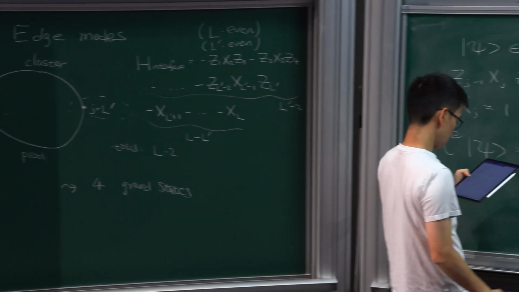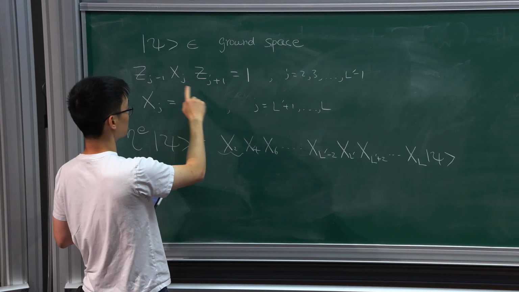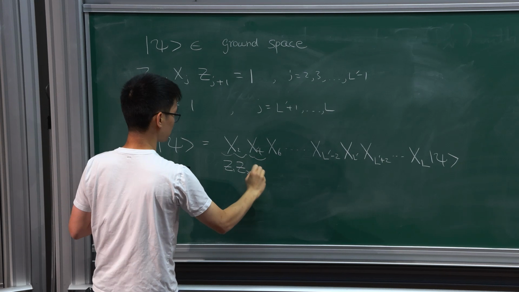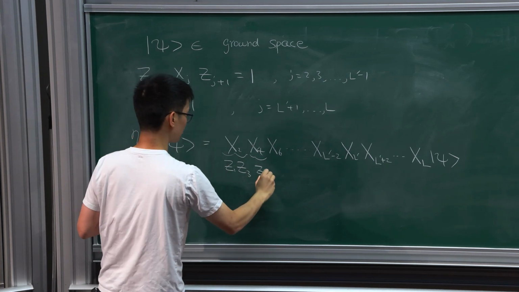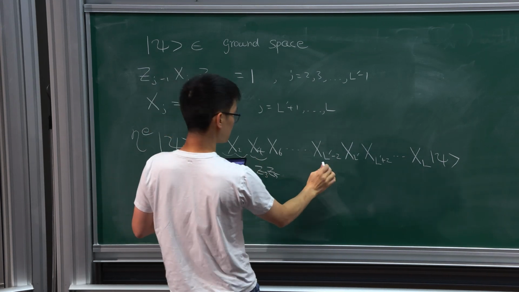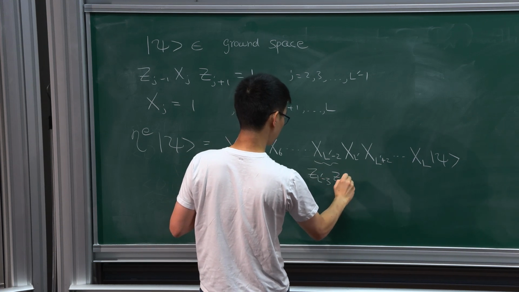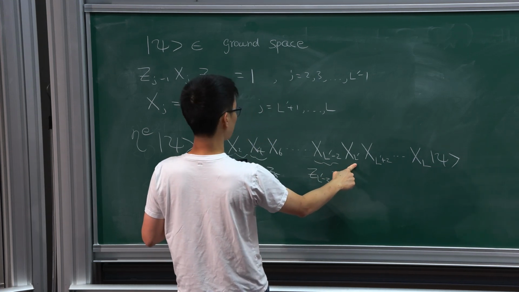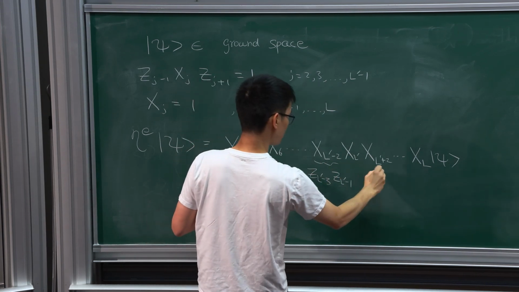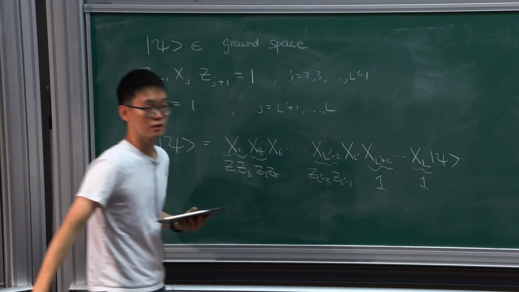Okay. And now we can use all these constraints to simplify this. So X2 is Z1, Z3. X4 is Z3, Z5, and so on. And when we get to this point, I still have Z_{L prime minus 3}, Z_{L prime minus 1}. But for this guy, I cannot do anything because it doesn't belong to any of the lists here. But then for this guy, I'm just going to set it to be 1. Okay?